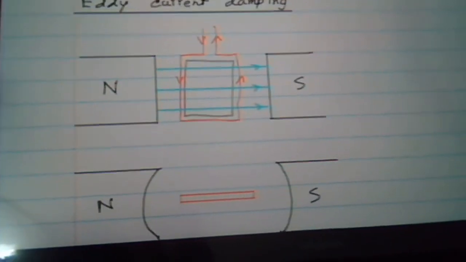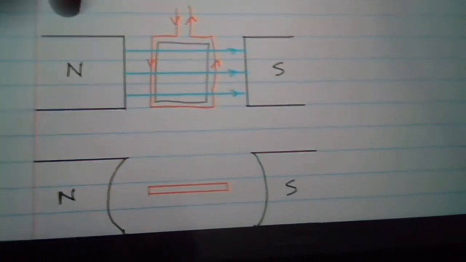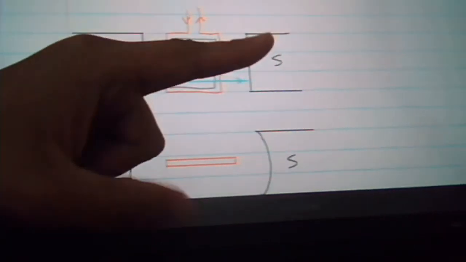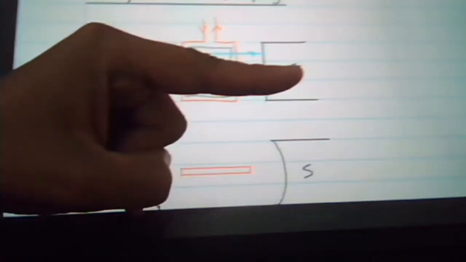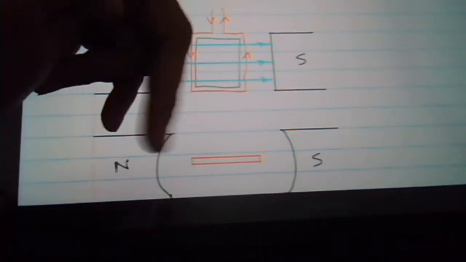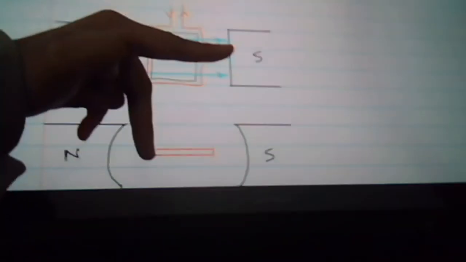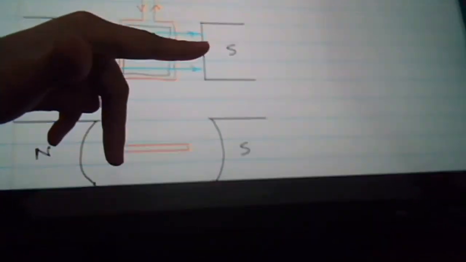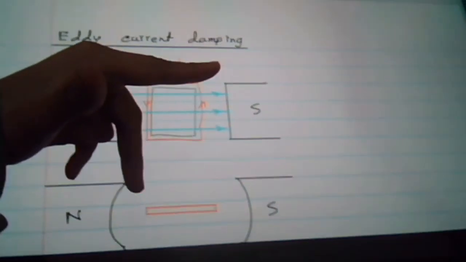To find the direction of the forces, I have to use my left hand. Here is my left hand, and this finger is pointing towards the magnetic field. This finger is pointing down along the current. So my thumb is pointing outwards from the board.